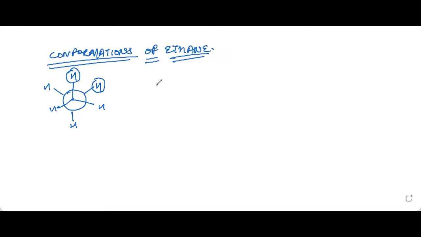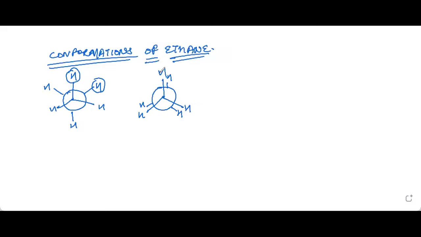The second form of ethane is in which the two carbons are situated in a way that the hydrogen atoms of the two carbon atoms are very close to each other. So now what will happen? When the hydrogens are very close to each other, their bonds will be very close to each other.